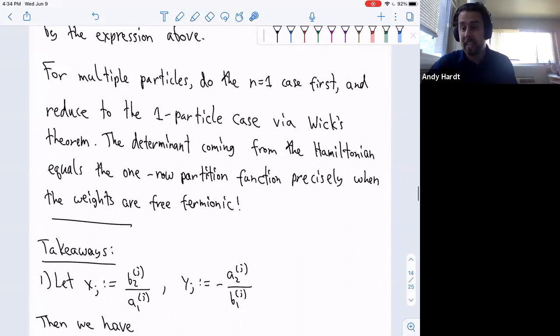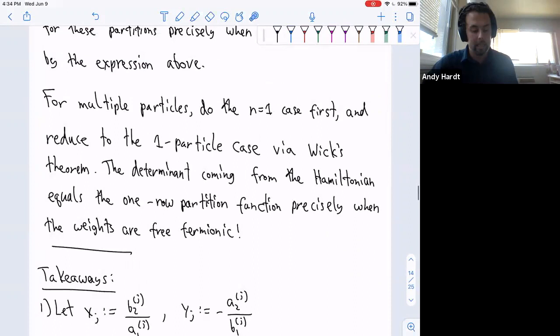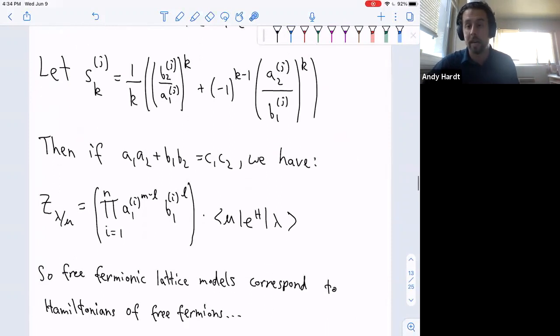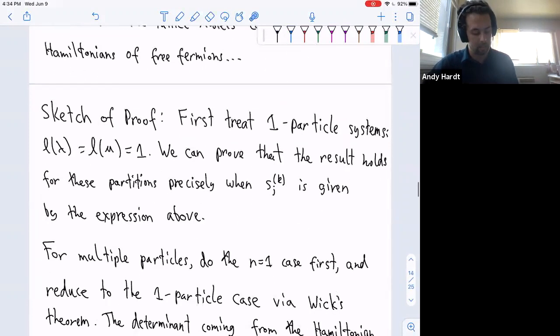Okay, so there are a bunch of takeaways here. One takeaway is this. So this function, I think, is interesting for a couple of reasons. So I'm going to say why these functions are interesting.